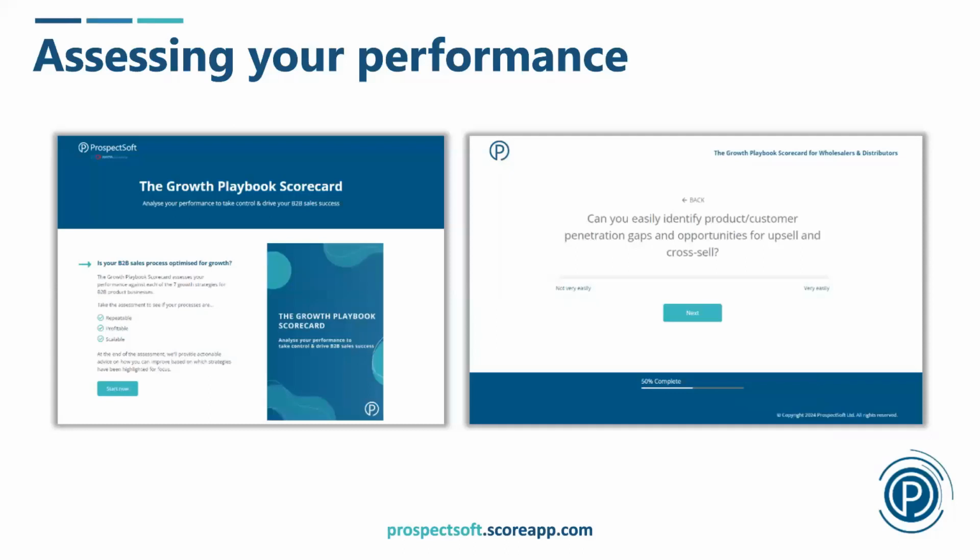But we actually provide this growth playbook scorecard to help you identify key areas of focus, or indeed that you maybe should focus on, which I do encourage you to try. It asks a series of questions and gives a fair benchmark for each section with some best practice advice off the back of that to basically improve your scores. And actually that advice is irrespective of the CRM. So even if you don't go ahead with Prospect CRM, I definitely would still encourage you to do this. It's worth giving it a go and see what you get.